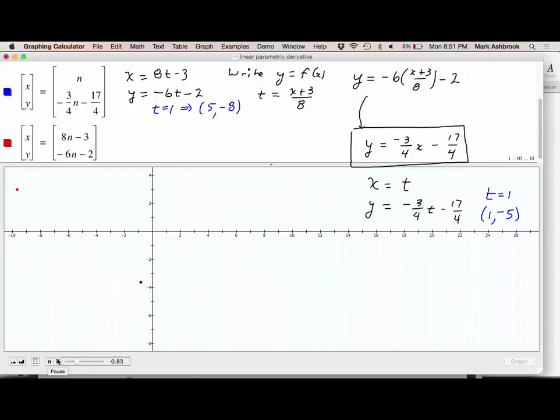Okay, so here I'm changing t slowly, and the blue one is the one that we came up with here. And then the red one is our original. What point was it? 5, negative 8? Yeah.